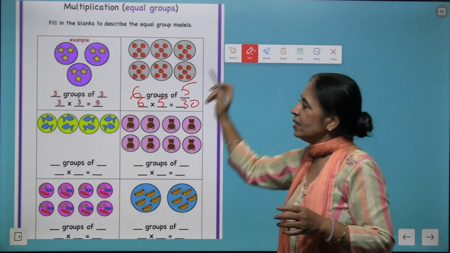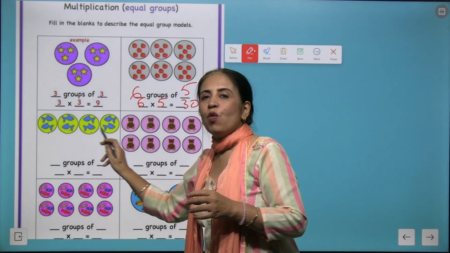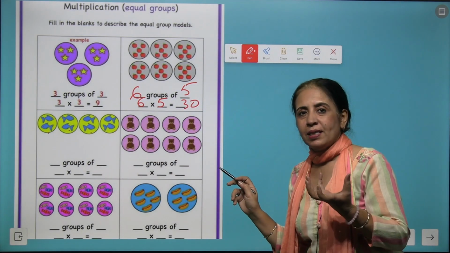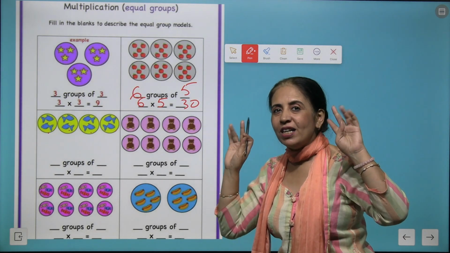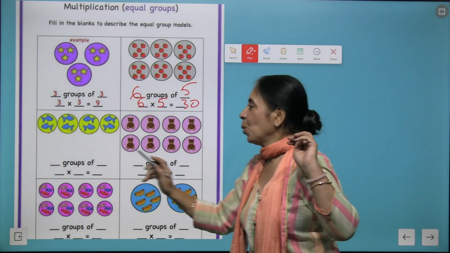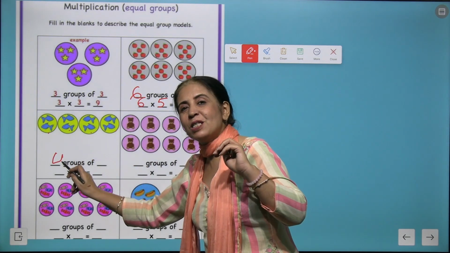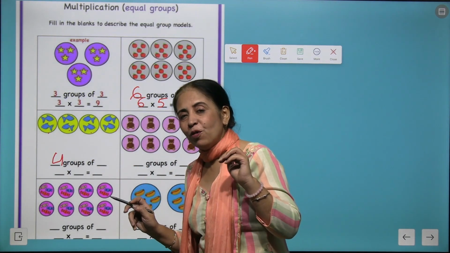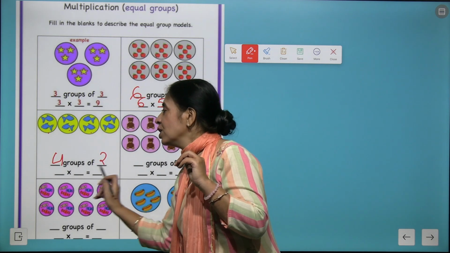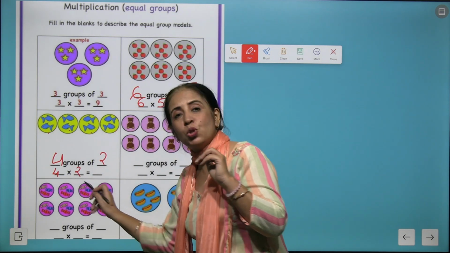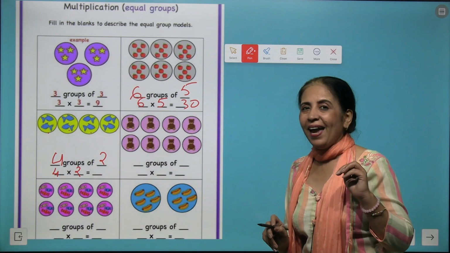Let's move ahead. We have 4 glass pots, and each pot has 2 fishes. Yes. So we write down how many groups? 4 groups. Beautiful. And each pot has 2 fishes. So 4 times 2 makes 8.